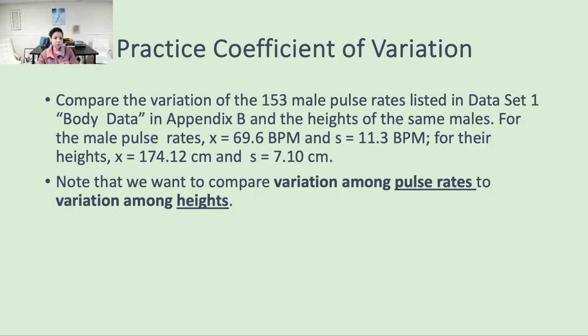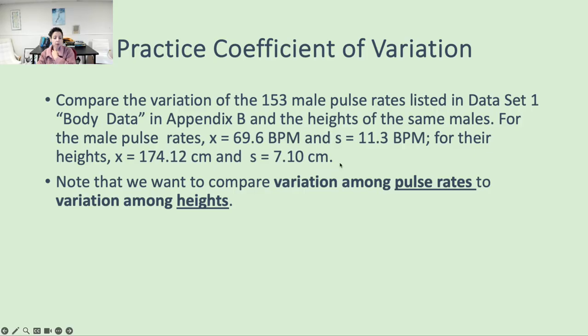So that helps us compare those two standard deviations. If we do another practice for coefficient of variation, we go back to that pulse data of the males. We have an average pulse rate of 69.6 and the standard deviation was 11.3.